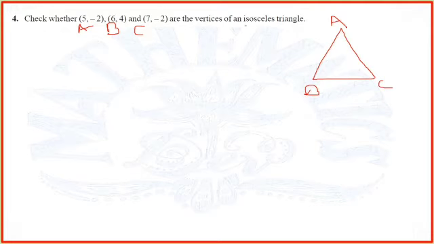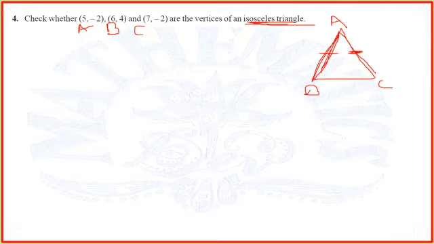Now isosceles triangle means the length of any two sides of a triangle are equal, then we say that this particular triangle is isosceles. Either AB is equal to AC or AC is equal to BC, or any two you can pick at a time.